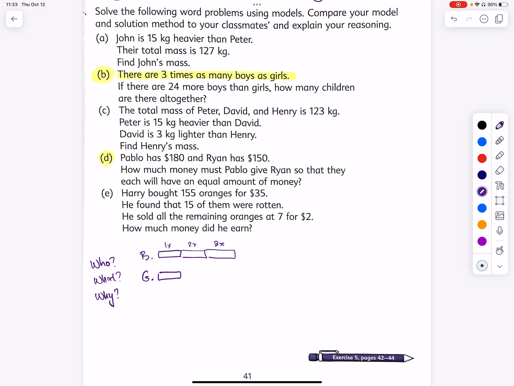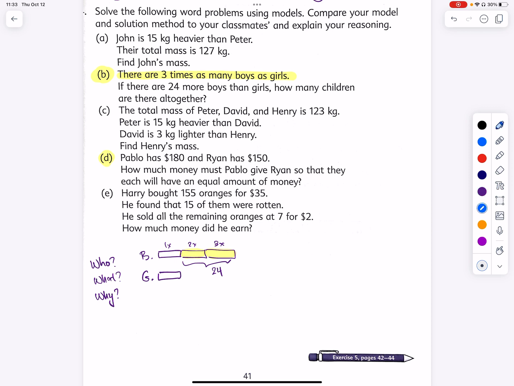Now, what else does the problem tell us? If there are 24 more boys, of course there is a difference. There are 24 of them. Let me highlight the difference. These 2 bars are the difference, and there are 24. How many children are there altogether?